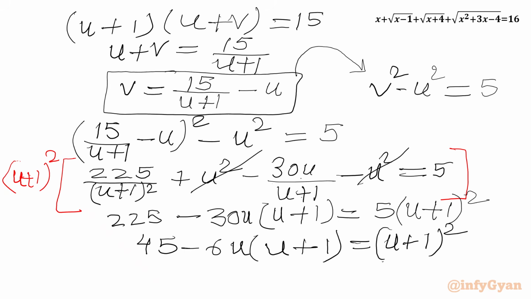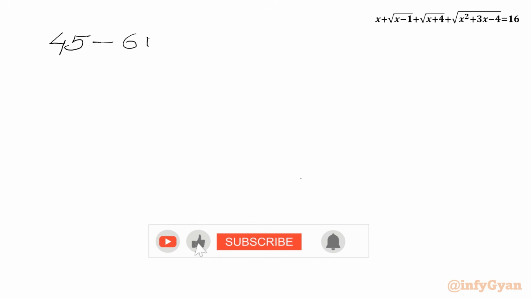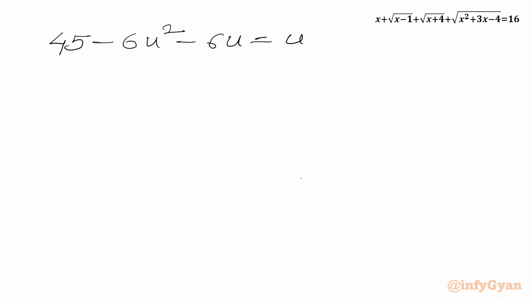Now we will be using the (a plus b) whole square formula on the right hand side and we will simplify our LHS. So we will get 45 minus 6u square minus 6u equal to (u plus 1) whole square, u square plus 2u plus 1.